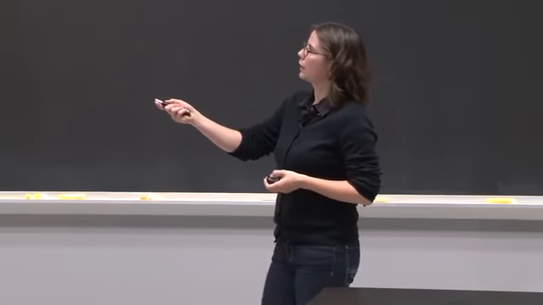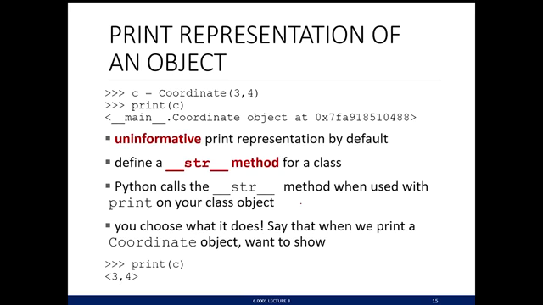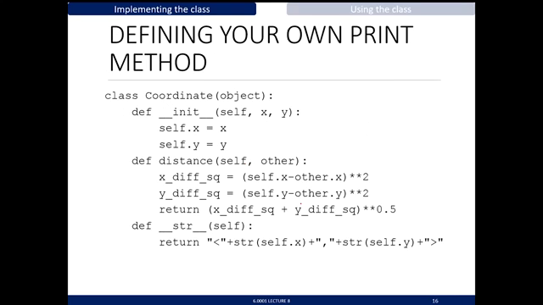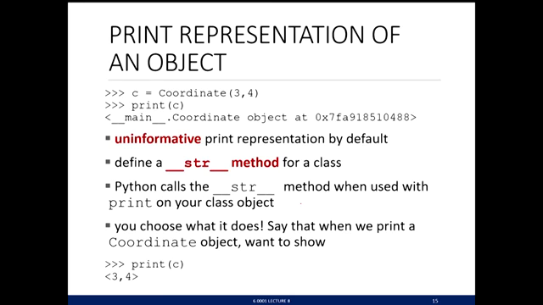So if you create a coordinate object, c is equal to Coordinate(3, 4), that's what we've done so far. If you print c, you get this funny message. Very uninformative. It basically says, well, c is an object of type coordinate at this memory location in the computer, which is not what you wanted at all. Maybe you wanted to know what the values for x and y were. That would be a lot more informative.